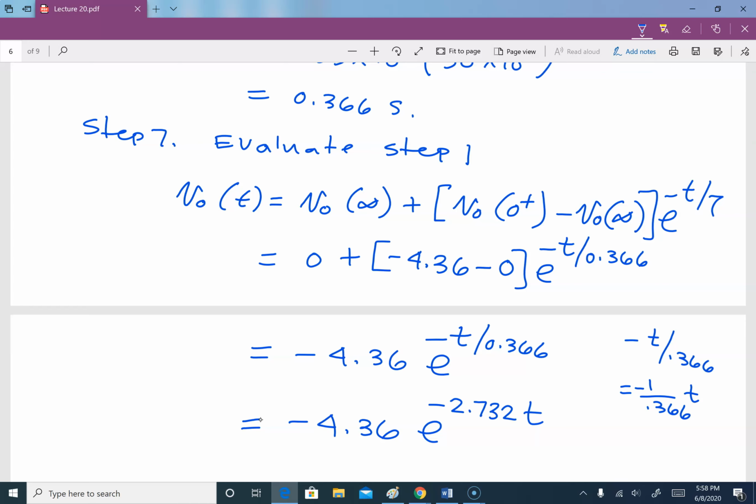So that is from where we got the value over here, which is negative 2.732 t. And that is, of course, in volts. And this is our response. That is the response of V naught in our circuit after the switch action, which is t greater than 0.